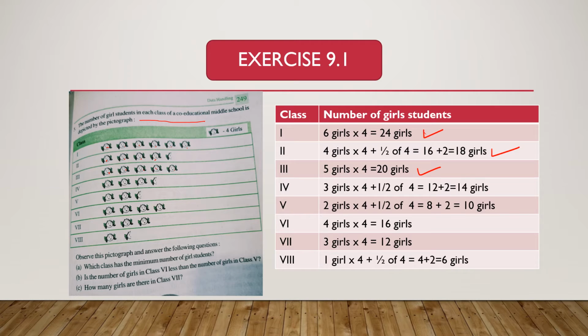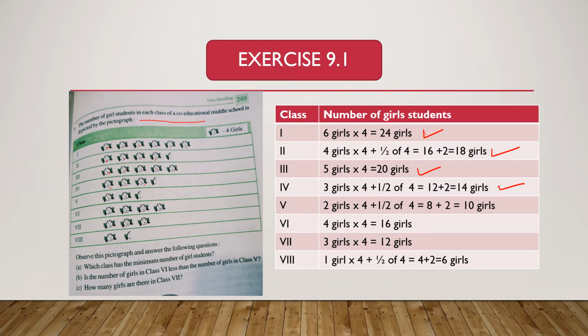In class 4 there are 1, 2, 3 symbols, so 3 multiplied by 4 is 12 girls, and there is a half symbol, which is half of 4 girls, that is 2 girls. So 12 plus 2 is 14 girls. So in class 4 there are 14 girls.